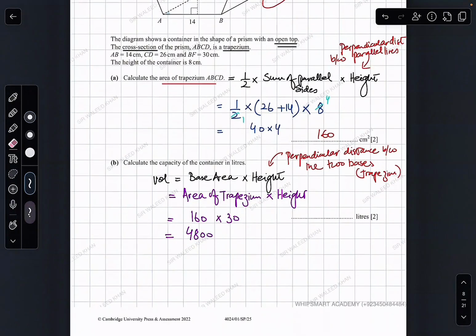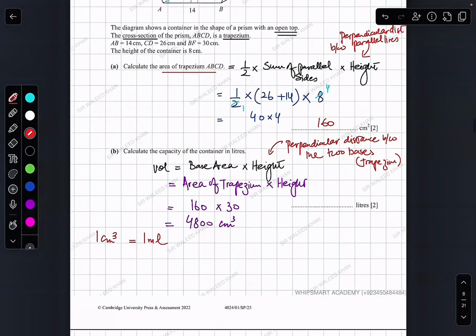Calculate the capacity in liters. You have to understand that this is centimeter cube, and 1 centimeter cube is the same as 1 milliliter. And 1 liter is 1000 milliliters.